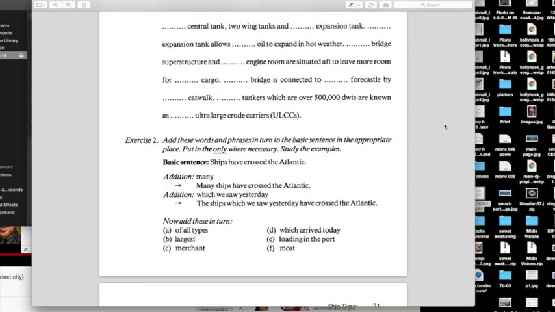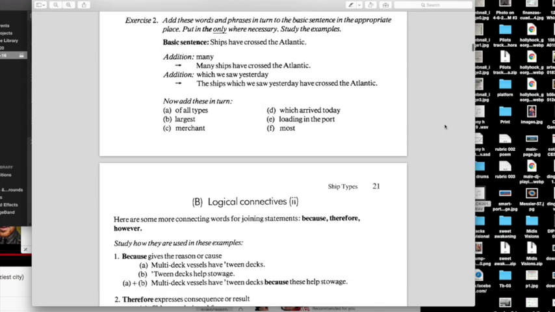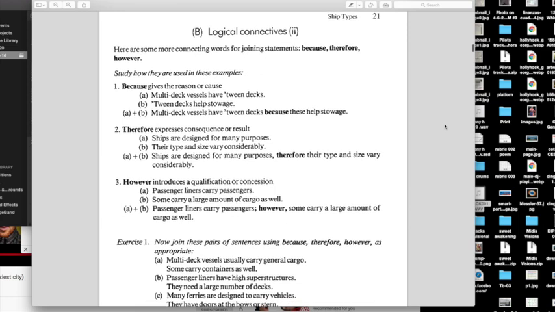Okay, connectors. If you study literature, this should be very easy for you. Transition words, also known as the words you use to connect sentences. If it's to give a reason or an explanation, you use because.